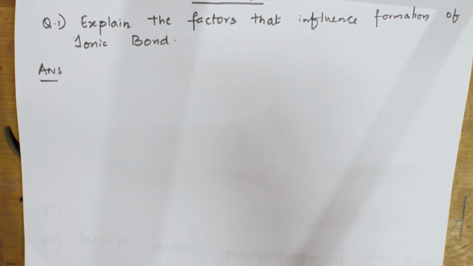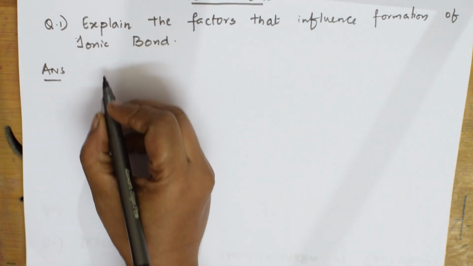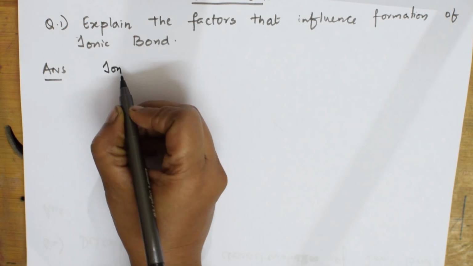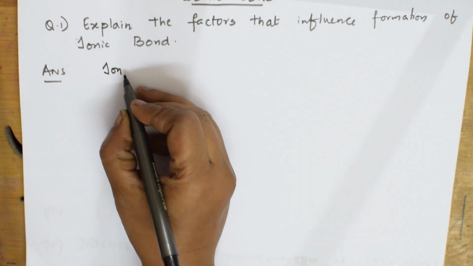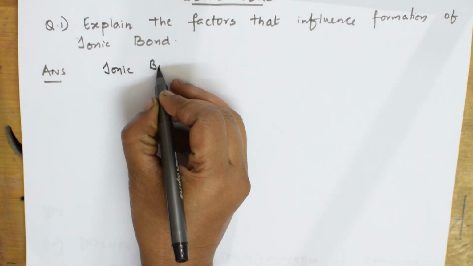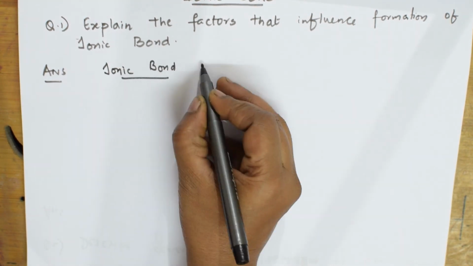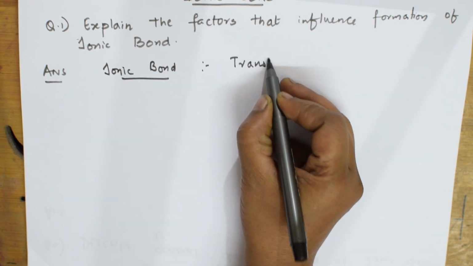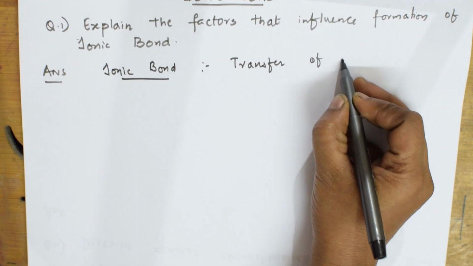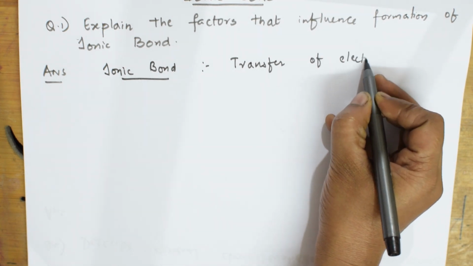So basically, we all know what an ionic bond is. We have two or three types basically: ionic bond, covalent bond, and coordinate covalent bond. In the first type of bond, which I'm going to discuss, the ionic bond is formed by transfer of electrons. This is what we have studied in grade 10, isn't it?